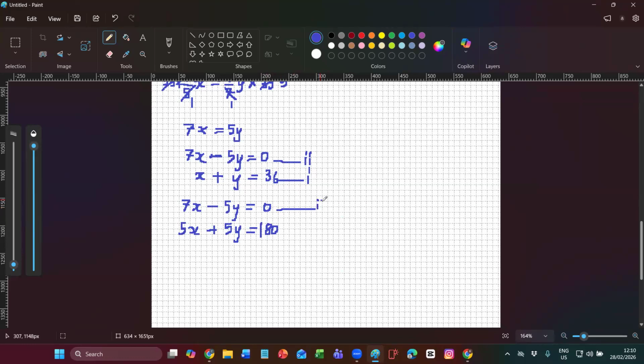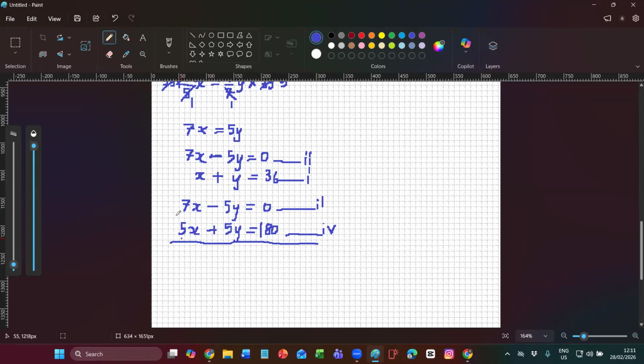This is equation 2. Now this is where we decide whether we add or subtract. So, you remember the rule? The signs, are they the same or different? Different. So whenever they're different, what did we say we do? You add.